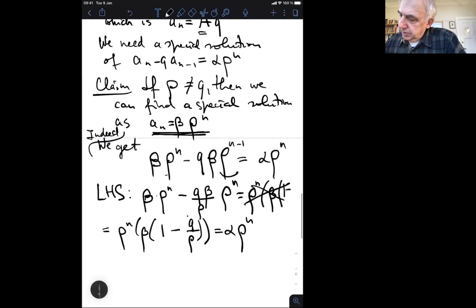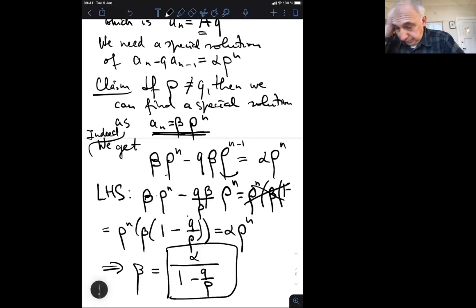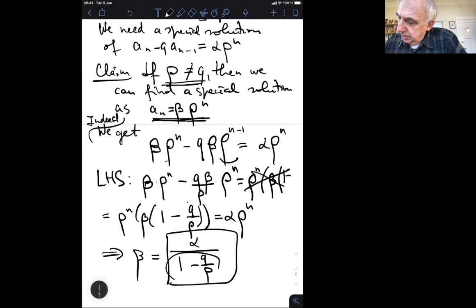This implies that beta can be taken in the form alpha divided by 1 minus q divided by rho. This is a well-defined expression. Notice that we have the requirement that rho is not q. That's why the denominator is non-vanishing, so we have a uniquely defined beta.